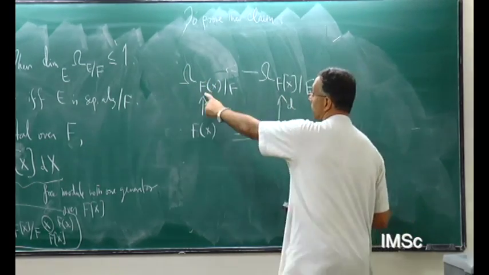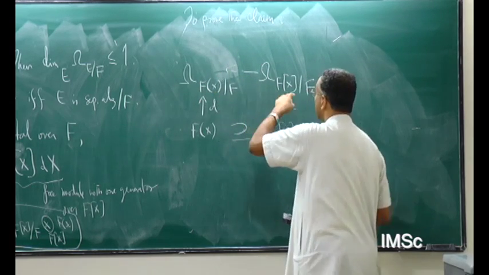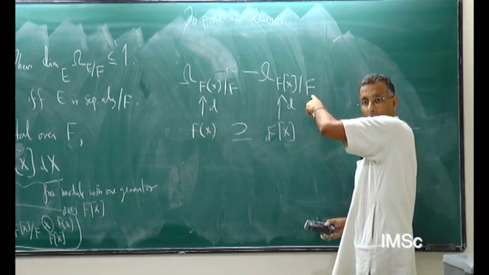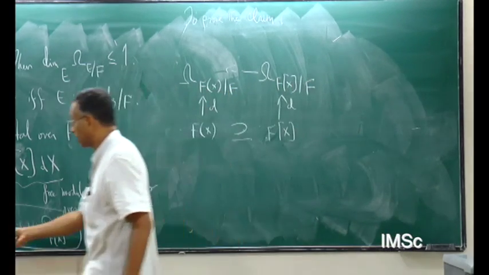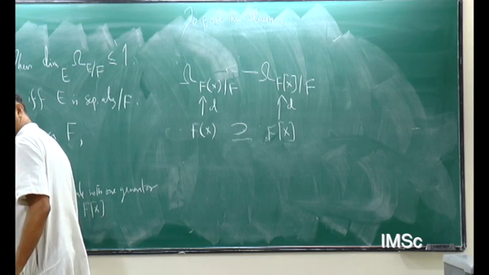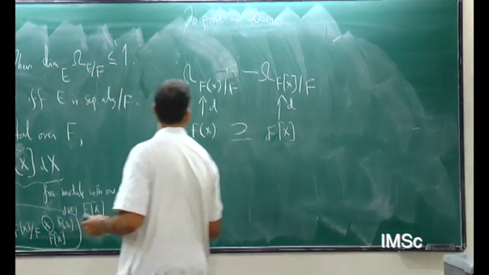Moreover, this is an F[x]-module. Therefore, I can transfer this with F(x), and there will be a natural map, right? So that is this natural map here. And when I write equality, what I mean is that the natural map is an isomorphism. Okay.